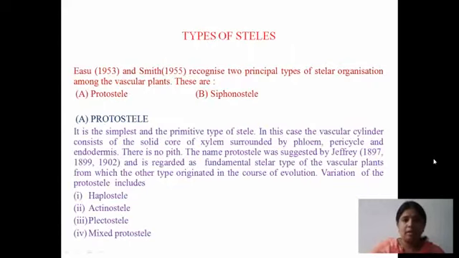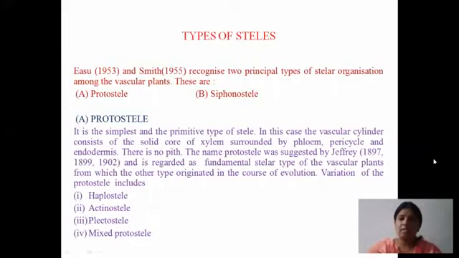Types of stele. Jeffrey in 1953 and Smith in 1955 recognized two principal types of stellar organization among the vascular plants. These are the protostele and the siphonostele. Protostele is the simplest and the primitive type of stele.